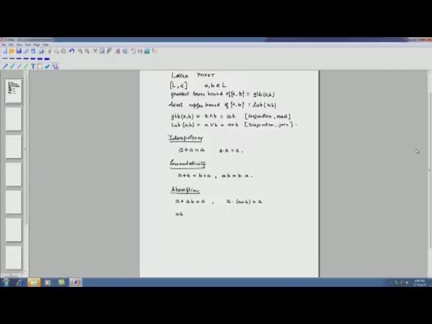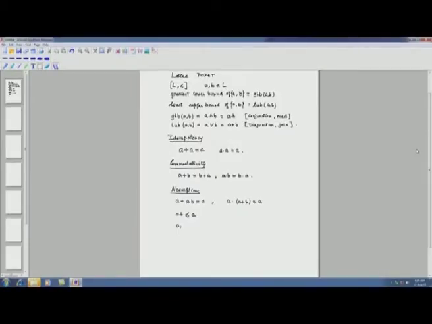Well, we are starting with two elements A and B, and we see that A dot B is definitely something which is less or equal A. The reason is that A dot B is the greatest lower bound of A and B, then of course, A will dominate A dot B, and therefore, if we consider the least upper bound of the set A and A dot B, right.